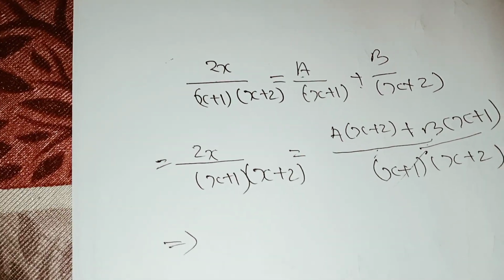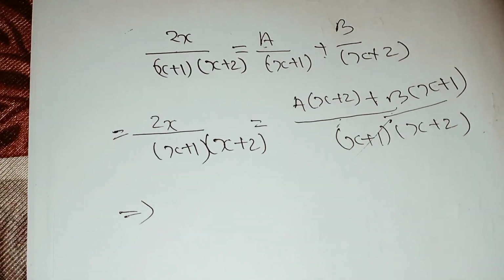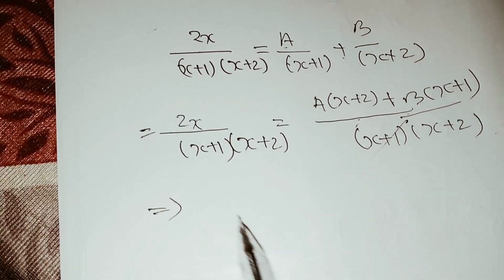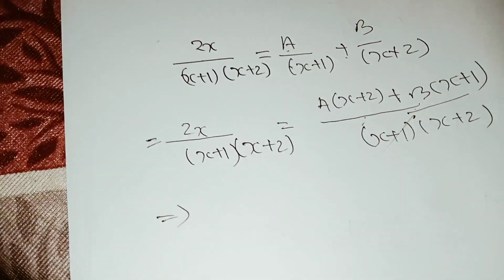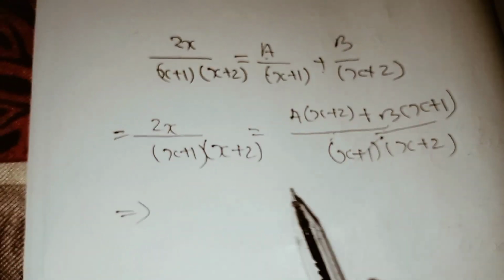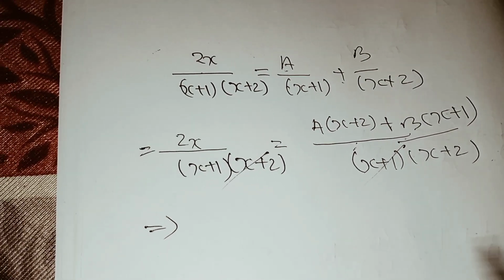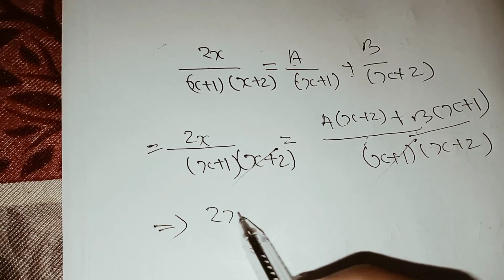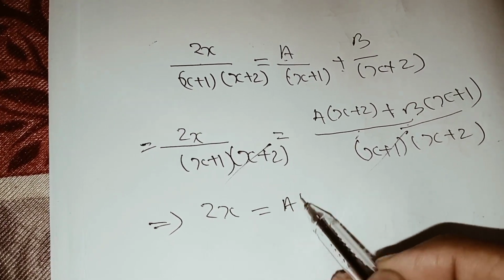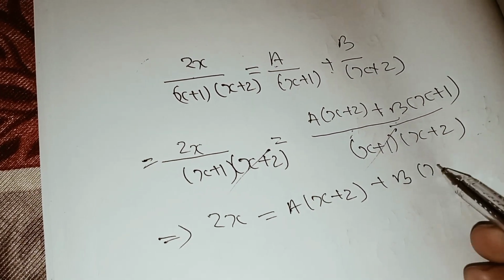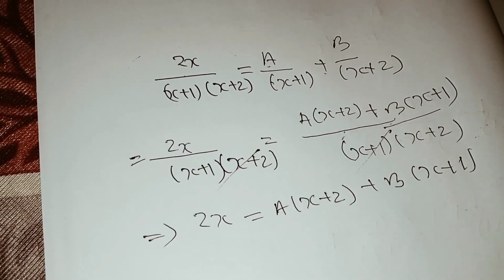You can notice that in the denominators on both the right and left of the equal sign, x plus 1 and x plus 2 are the same. So for the same terms we can cancel out. So remaining is 2x equals A(x plus 2) plus B(x plus 1).